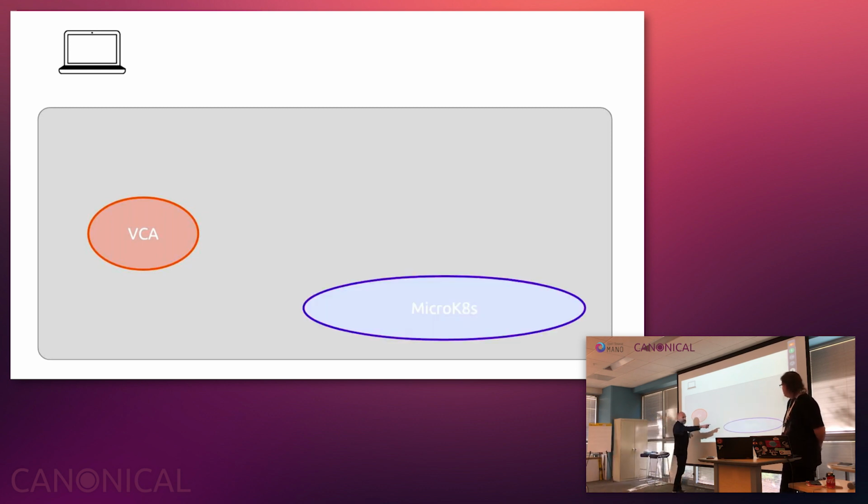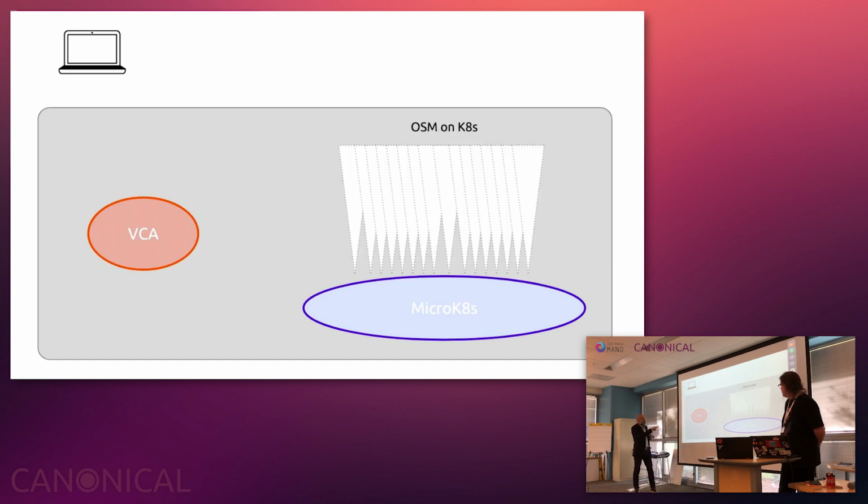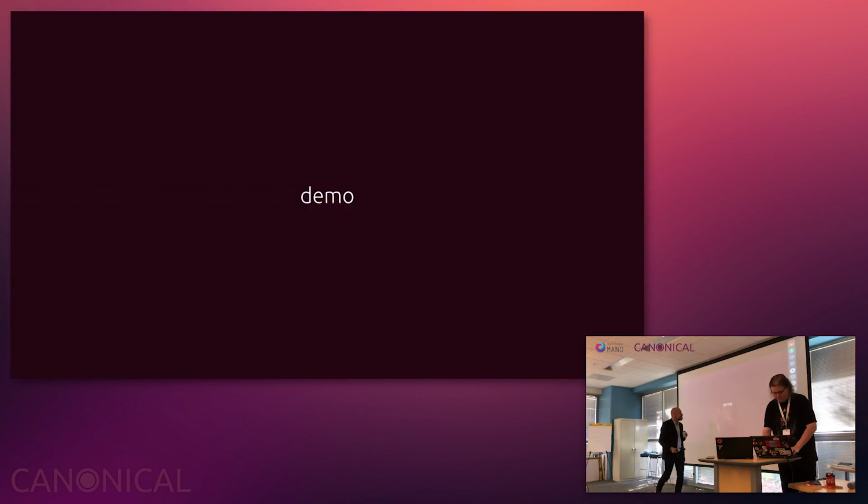Then we stand up MicroK8s. And then we use the VCA to essentially stand up OSM on MicroK8s, right, as an orchestration. And now we've got OSM with the VCA and the Kubernetes so that we can start actually having fun with network functions. So I think we can demo that.